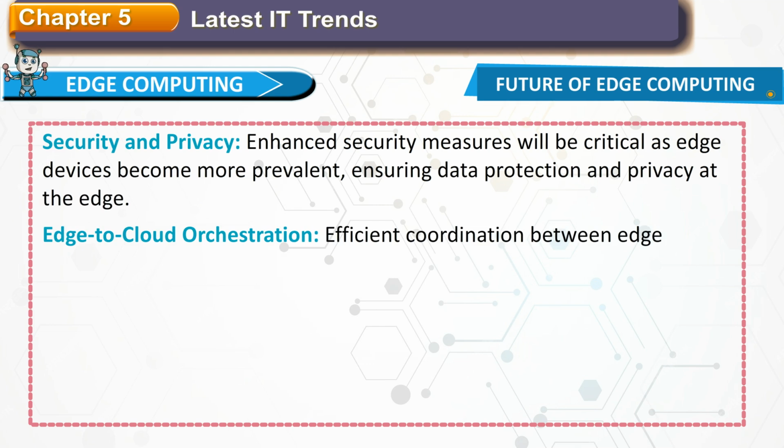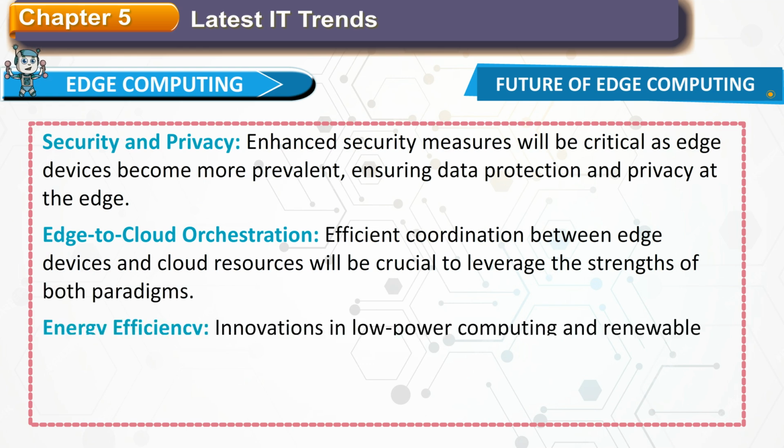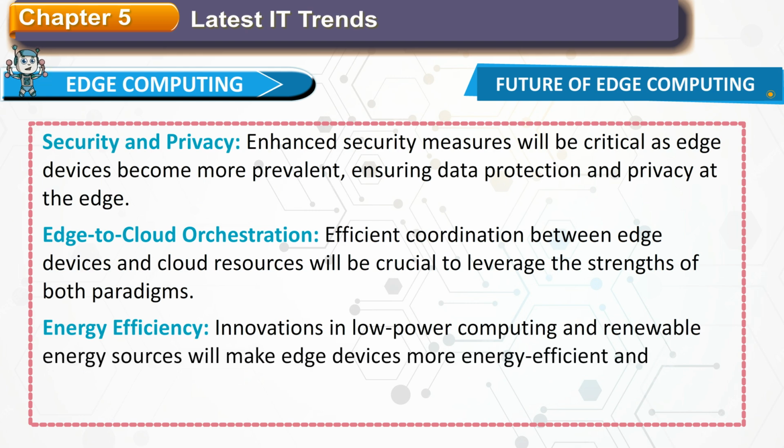Edge-to-cloud orchestration. Efficient coordination between edge devices and cloud resources will be crucial to leverage the strengths of both paradigms. Energy efficiency. Innovations in low-power computing and renewable energy sources will make edge devices more energy efficient and sustainable.